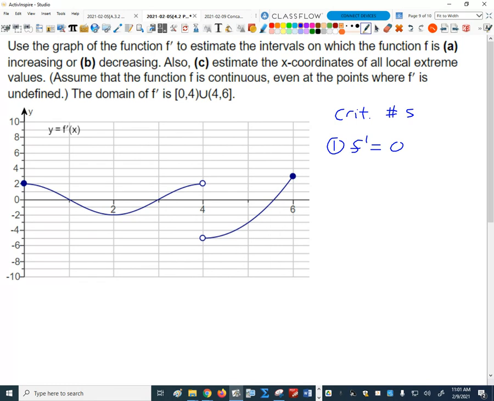Okay, so everybody looked like everybody was correct on that. It's going to be where x equals 1, 3, or about 5.5, it looks like, right? So there are some critical numbers. Now, are there any places where f prime is undefined?